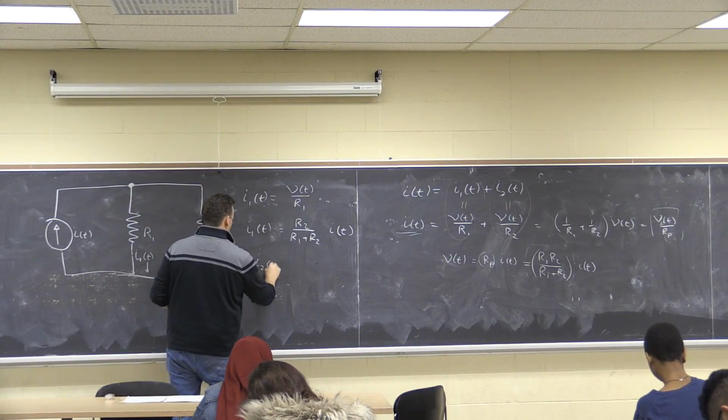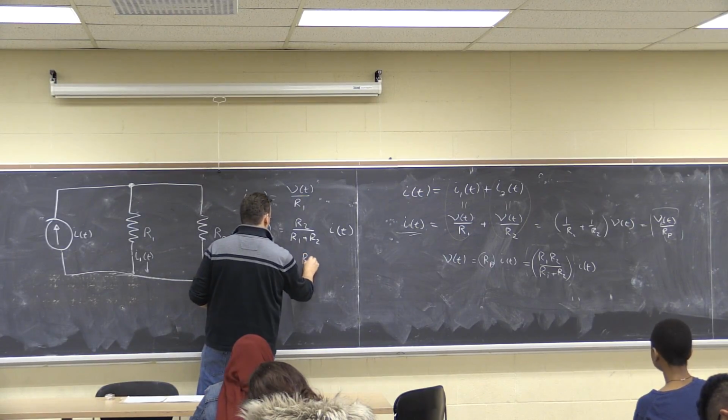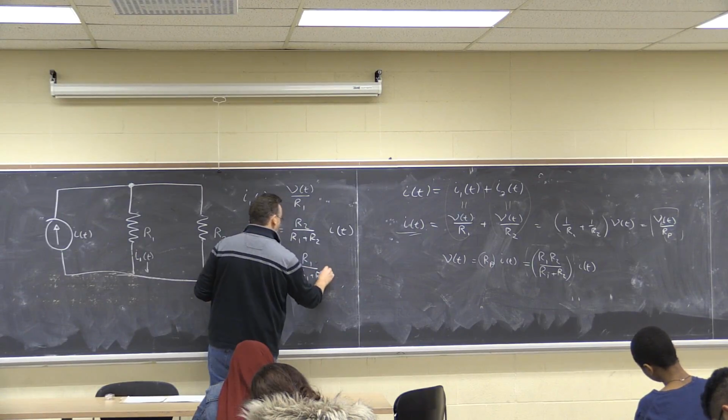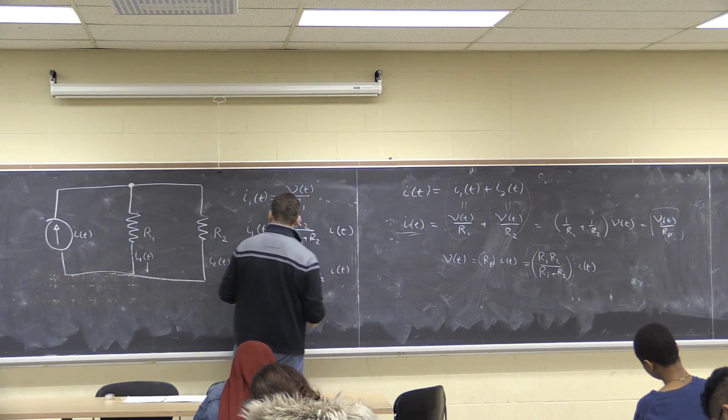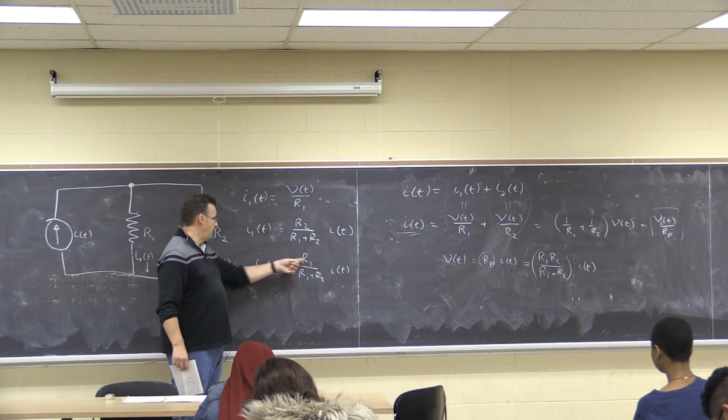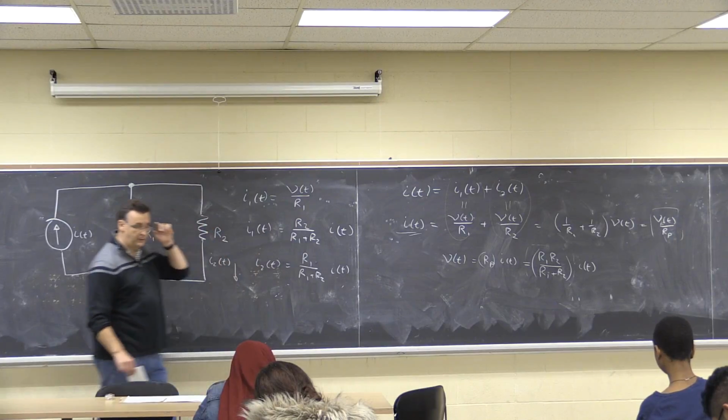And similarly, you can show I2 is R1 over R1 plus R2 times I of t. So current in branch 1 depends on resistance in 2, current in 2 depends on resistance in 1, both divided by the total resistance.